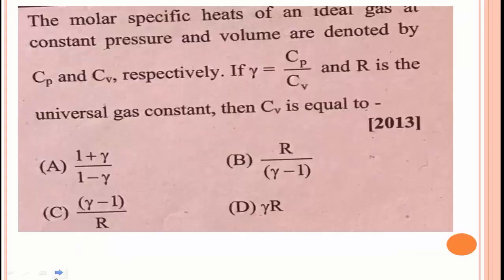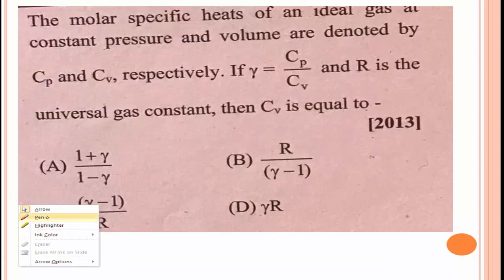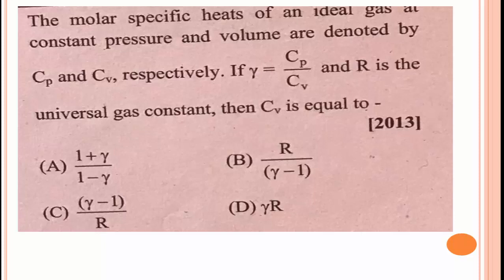And the next problem is the molar specific heats of an ideal gas. The molar specific heats of an ideal gas at constant pressure and constant volume are denoted by Cp and Cv respectively.